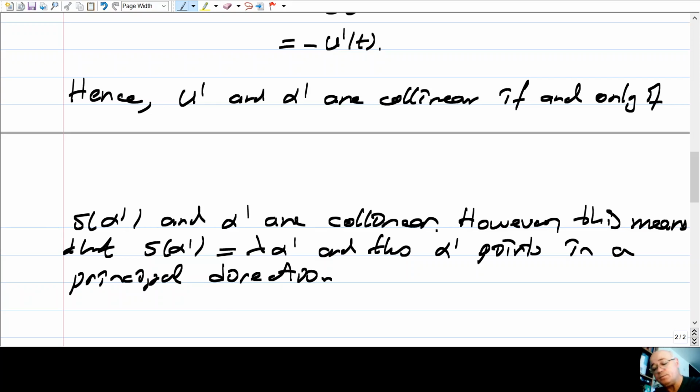Why is it? Because principal directions are the eigenvectors of the operator S. Therefore, if alpha prime satisfies this, then alpha prime is an eigenvector. Therefore, it's a principal direction. And alpha is a curve whose velocity vectors are in principal directions. Therefore, alpha is a principal curve.